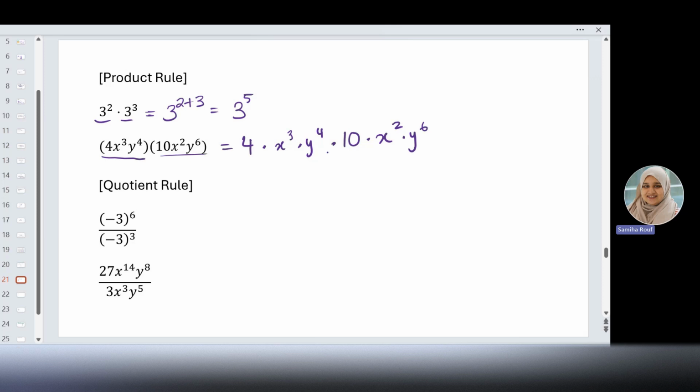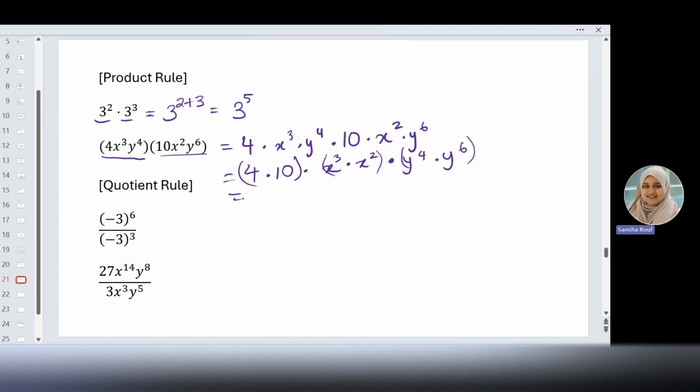We can move like terms around, so the same type of term can be multiplied. Let's bring the 4 and the 10 next to each other, the x and the x squared next to each other, and then the y to the 4 and the y to the 6. And so we can associate these to each other.